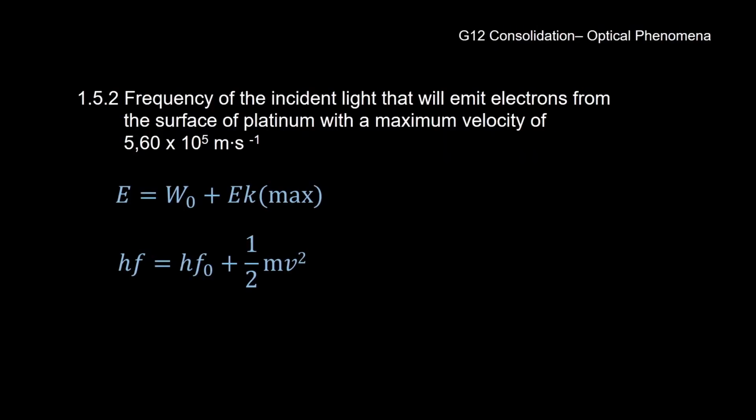Frequency of the incident light that will emit electrons from the surface of platinum with a maximum velocity of this. So that's what we've got to calculate: the frequency of the incident light. We know what the threshold frequency is. That has been given to us.